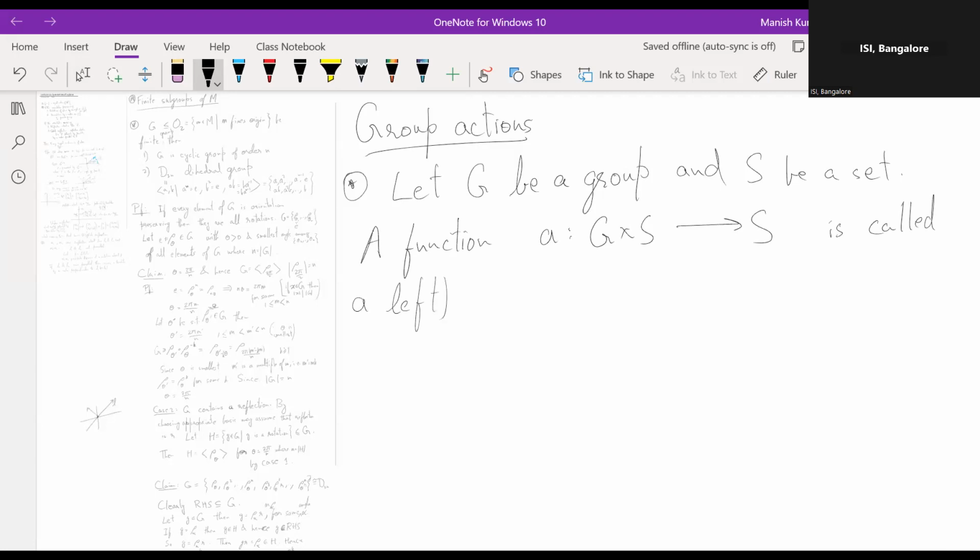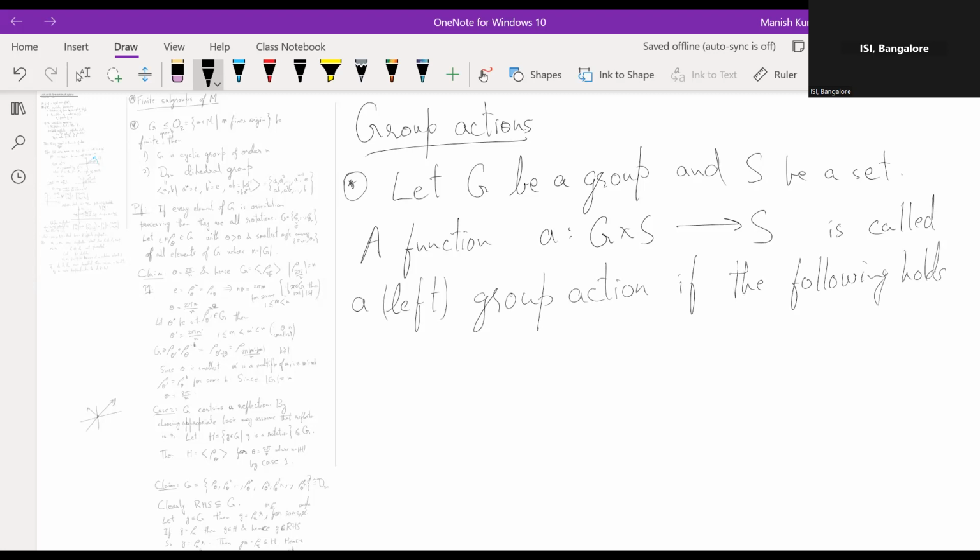There is something similar called right group action, but I'll ignore the word left in future, if the following holds.